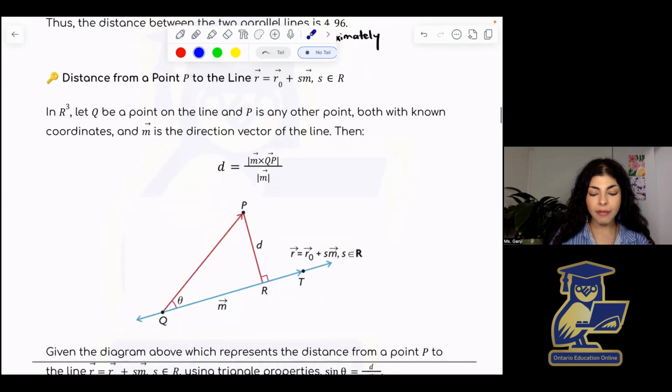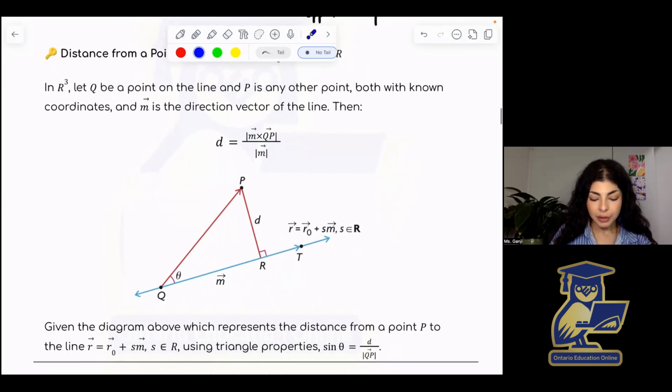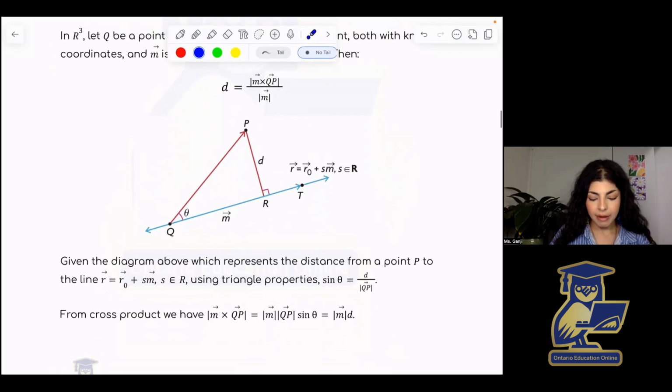Now, if you have a point P, and you want to find the distance to the line, this distance can also be the absolute value of the cross product of the direction vector and QP. So the reason for this is, consider this diagram here, right?